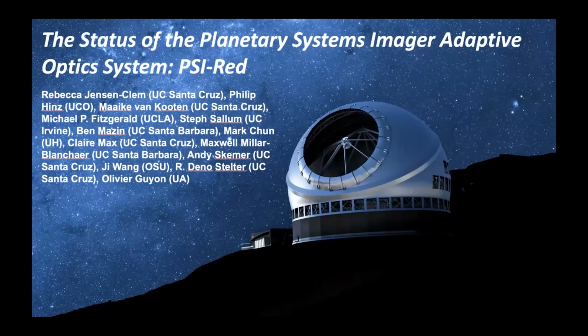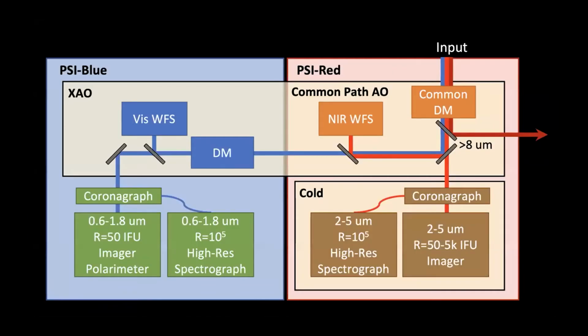So PSI currently has a layout that looks something like this. There are several different subcomponents to the system. The light from the TMT will first be fed into what we call PSI red. This is the near-infrared component of the instrument, and this is home to the common path adaptive optics system, so our first stage deformable mirror and our wavefront sensor.